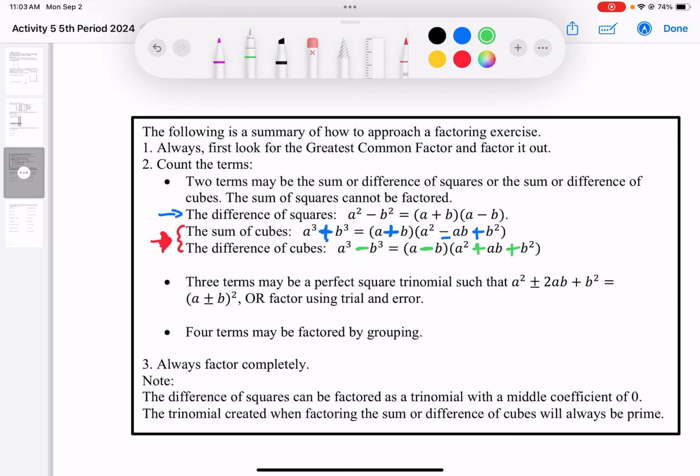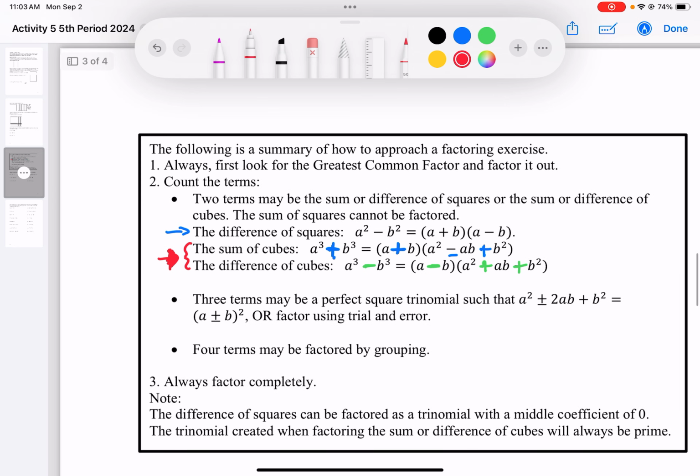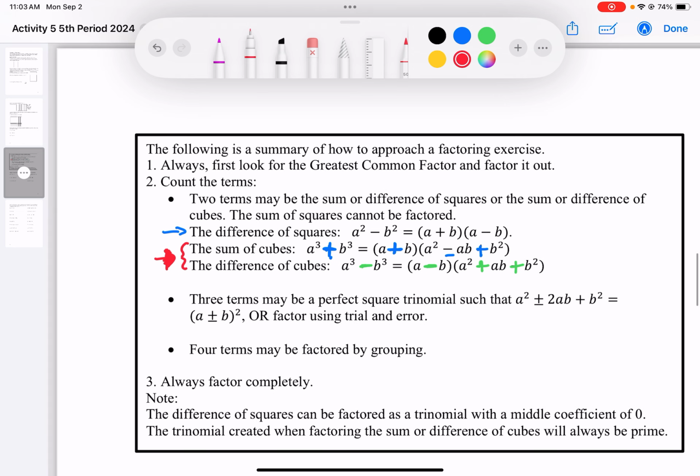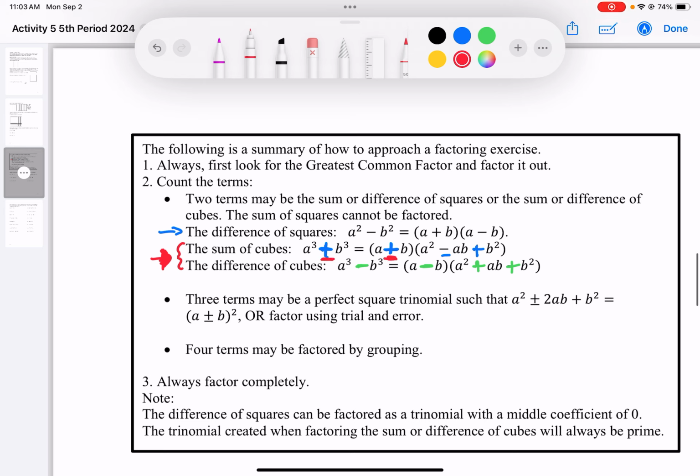Anyways, they all have 1 subtraction sign and 1 positive sign. So the first sign that we're looking at is always going to be the same as our distributed form, right?